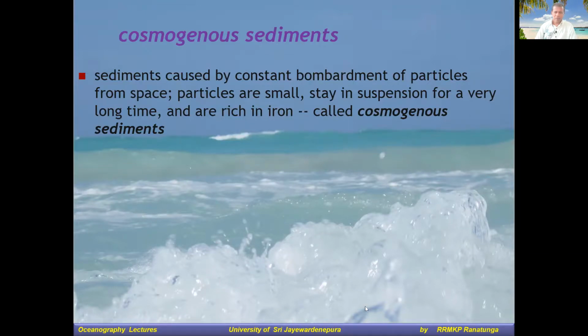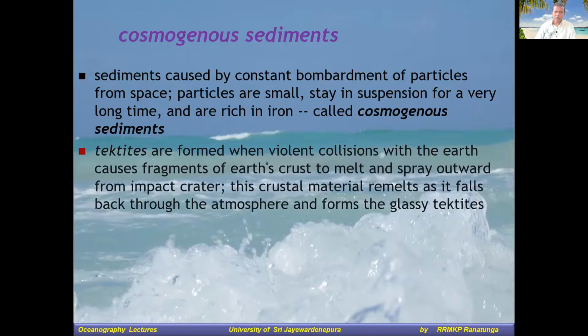Every moment these meteors are coming to the earth, but because of their resistance in the earth's atmosphere, they are just burnt and made into smaller pieces, or they become dust, and they are continuously being deposited everywhere, and they are part of these cosmogenous sediments.